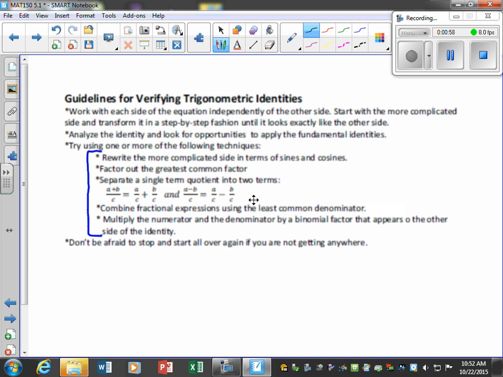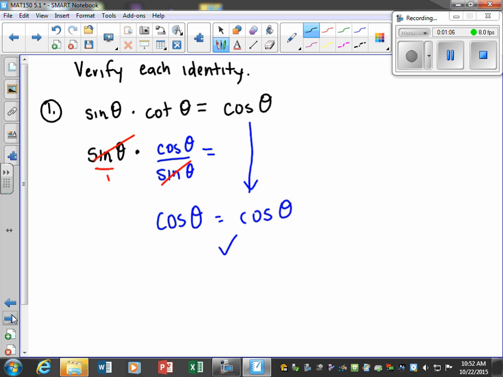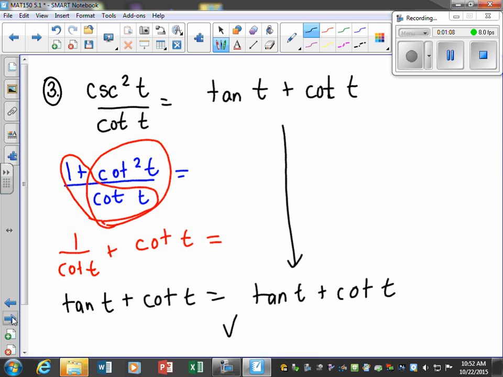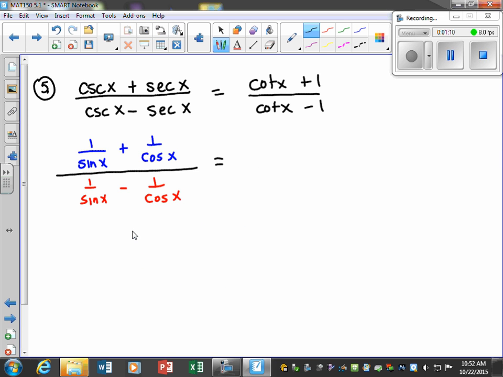Least common denominator, we can consider that one, and we can also multiply by a factor that appears on the other side. Well, let's get back there. A common denominator doesn't seem like it would make things any more simplified or possibly get me there, but what is cotangent in terms of sines and cosines?